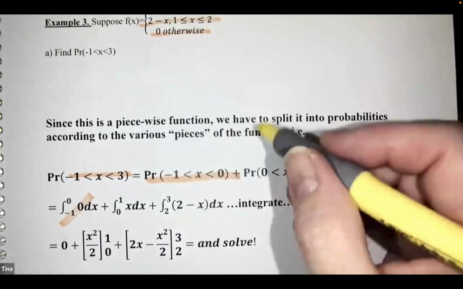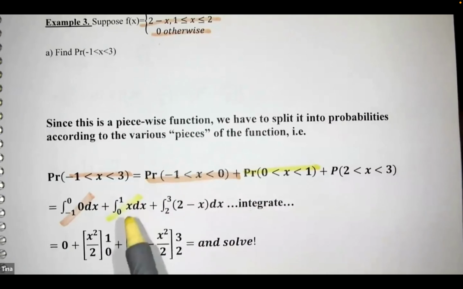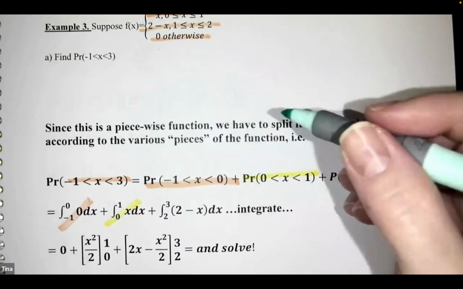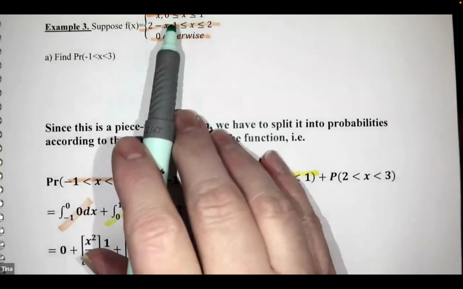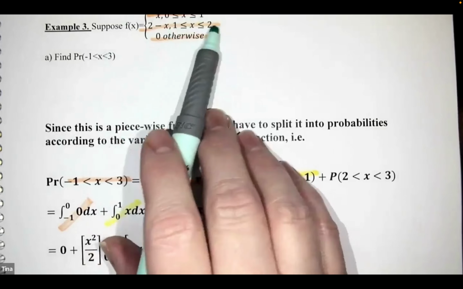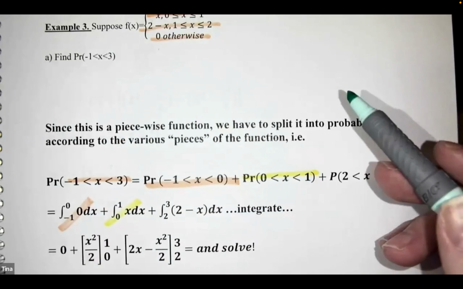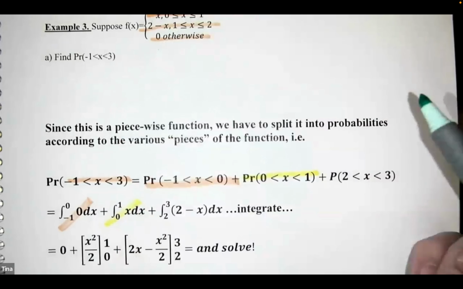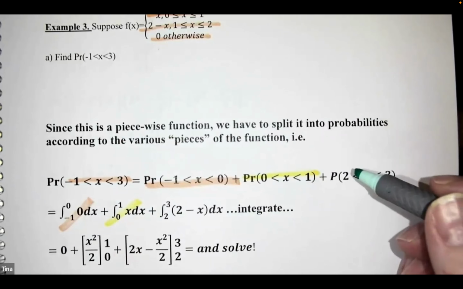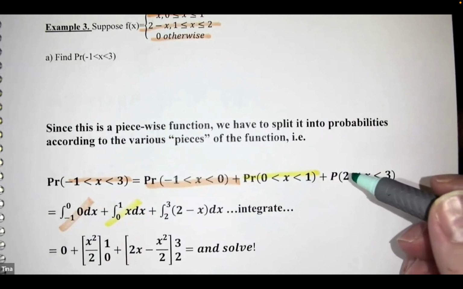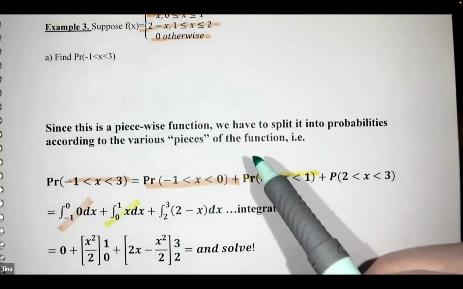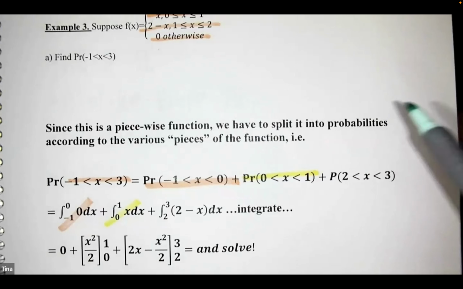And then from 0 to 1, the integral would go from 0 to 1 of the function x dx. And then the last part is we want to go up to 3, and this goes up to 2, right here. So from 1 to 2 here. So here I did from -1 to 0, then from 0 to 1.